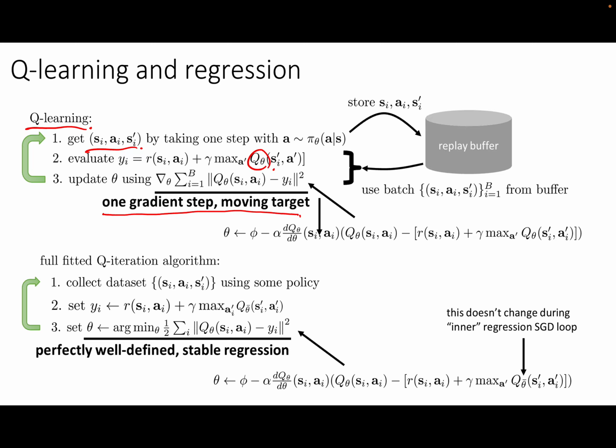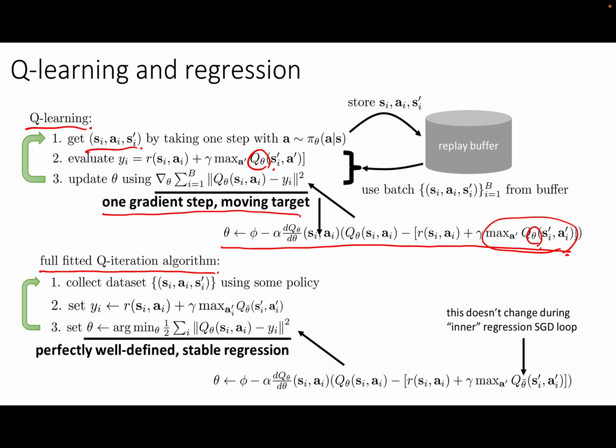Although we detach it, the target is always moving, and that can make training quite unstable. Here is how we update theta, and here is the target, which is also from theta, which makes training quite unstable. To address this, I introduced something last time.